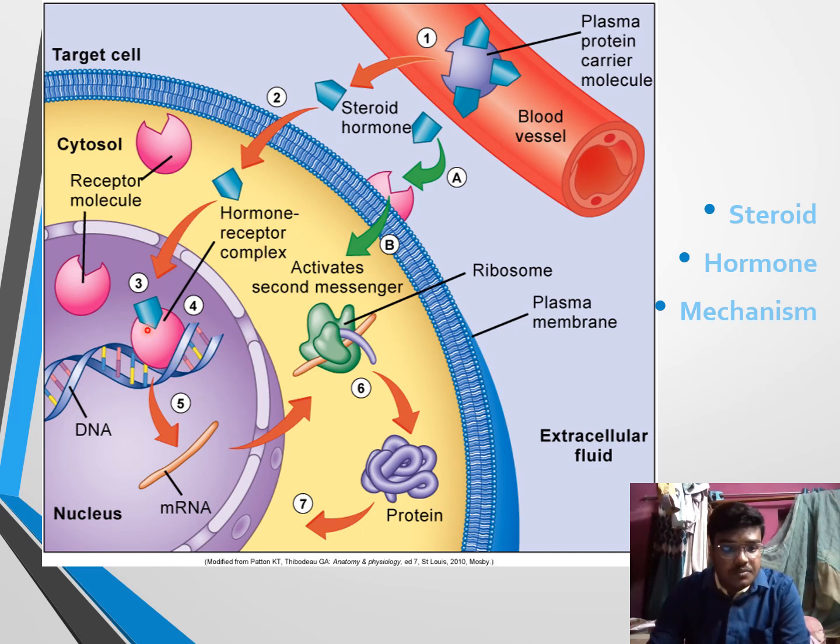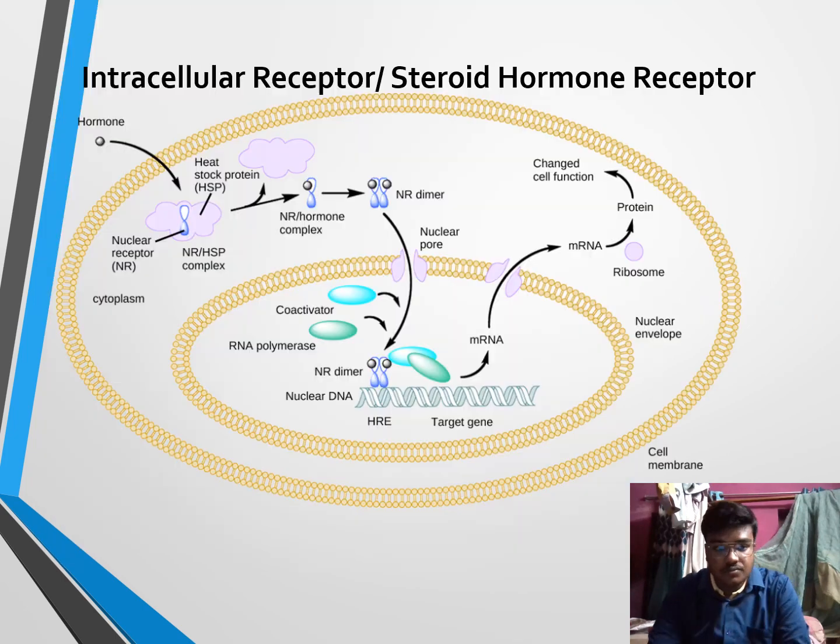This hormone receptor complex again activates the HRE or hormone responsive element. This activated region then activates the transcription factor and the transcription process starts. After transcription, mRNA is produced, and mRNA is again translated into protein, and this protein generates cellular responses.